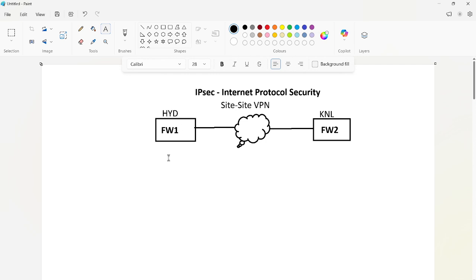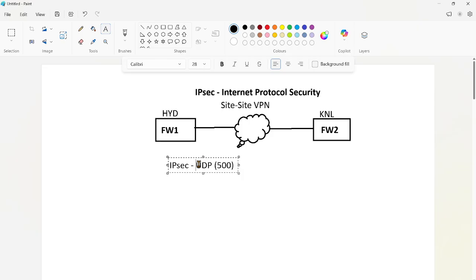Before going to that, IPsec is a security protocol which works on layer 3, and it uses the UDP protocol with port number 500. Whenever you capture packets, you can see the UDP protocol, and under the UDP protocol you can see the IPsec payload.